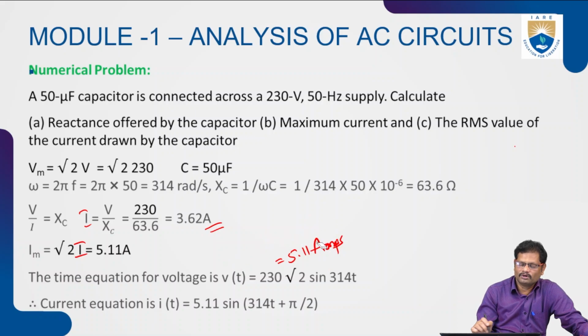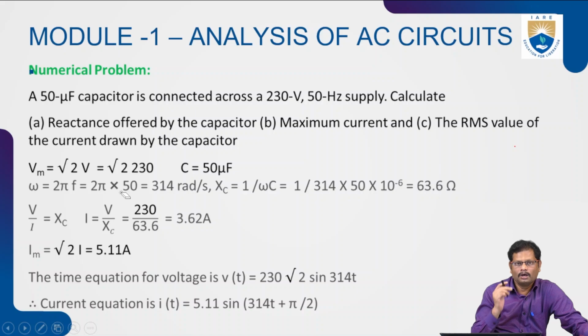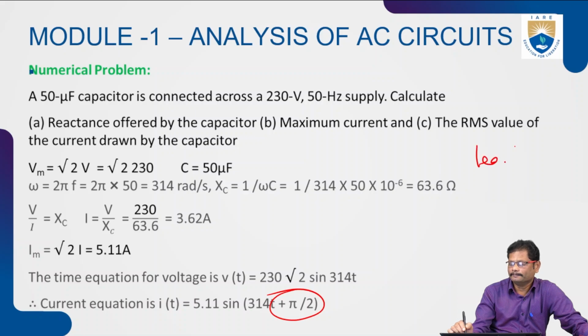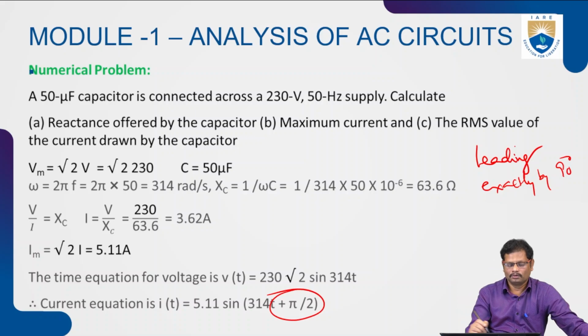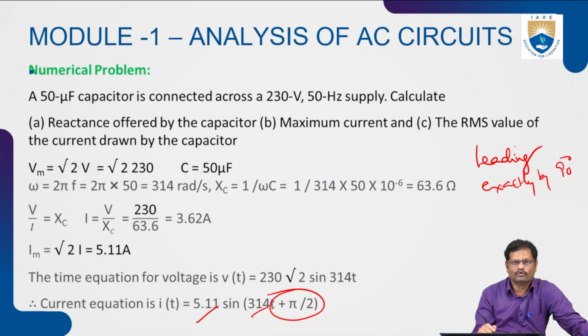We know v of t is Vm sin omega t, and i of t is Im sin(omega t plus pi by 2). So current is leading in this pure capacitor, exactly by 90 degrees. So i of t equals 5.11 sin(omega t plus pi by 2).